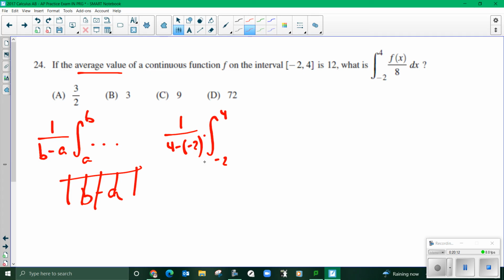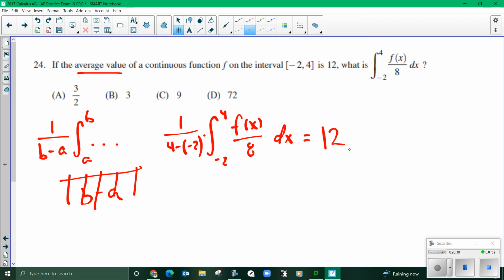And that's of f of x divided by 8 dx. All right, the average value of a continuous function on the interval. This represents my average value, which means this whole thing needs to equal 12.